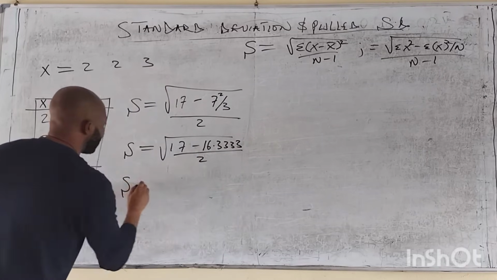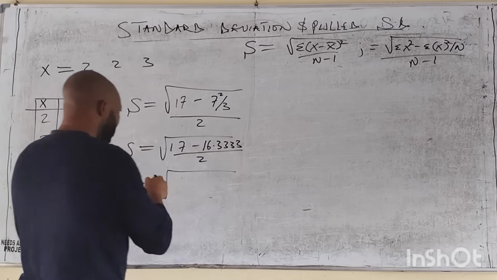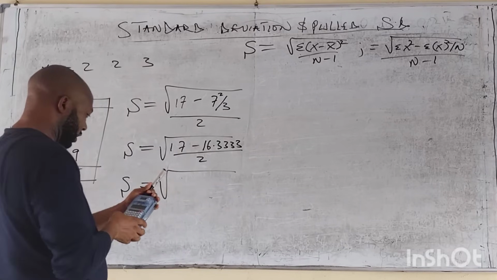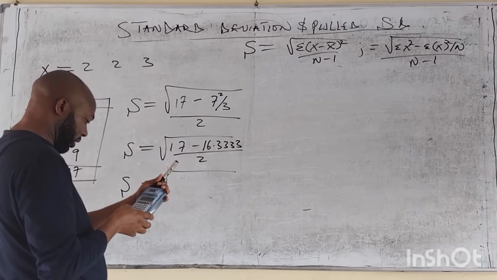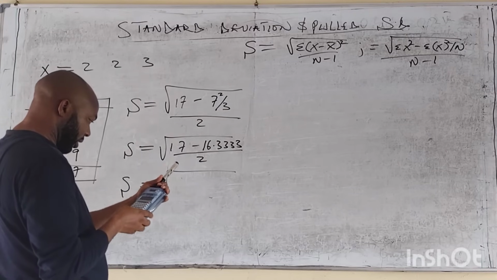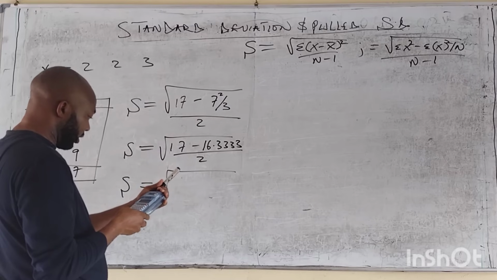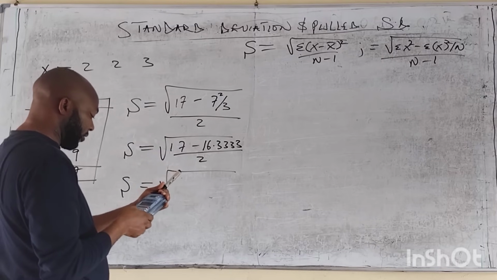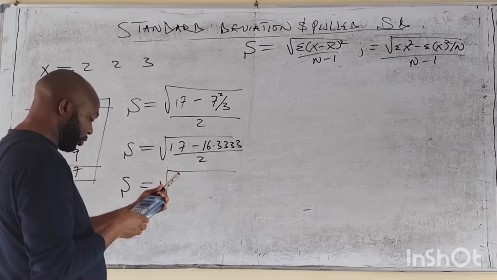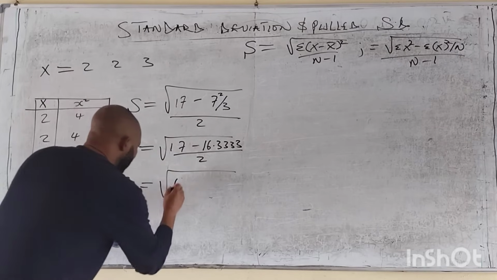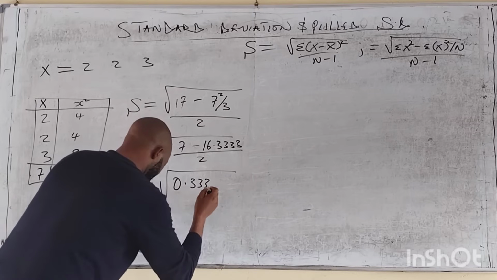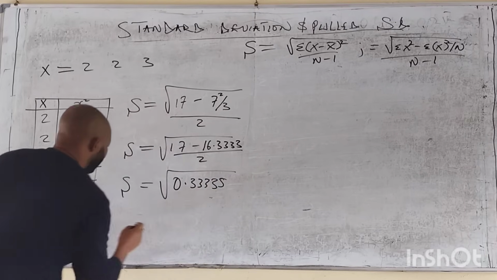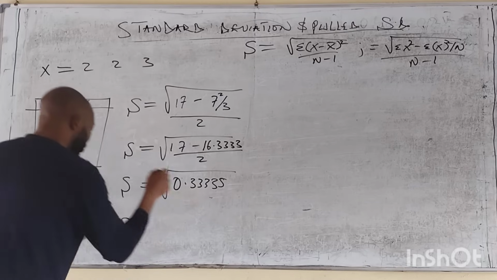So my s is equal to 17 minus 16.3333, which is 0.6667, divided by 2, which is 0.33335, and s is equal to the root of this.